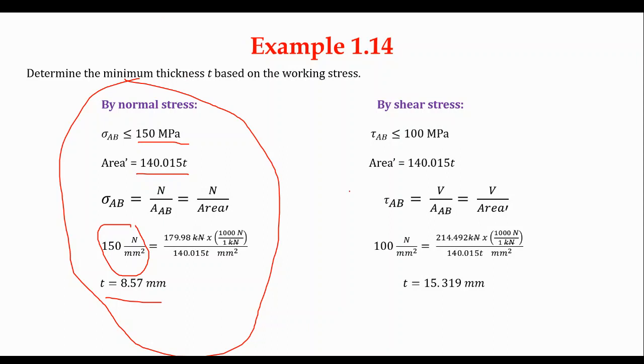So shear stress, given ang limit, which is only 100 megapascal. And then, ang area prime, 140.015T. So, substitute natin na sa formula. Shear AB is equal to VAB, V over area prime.